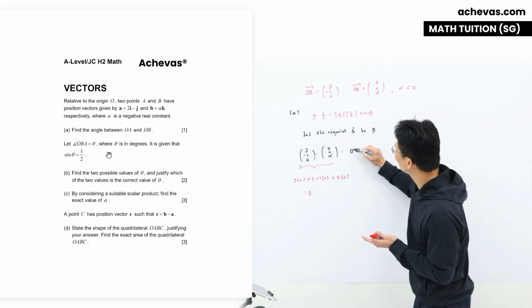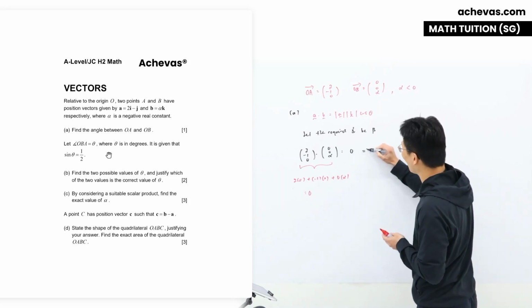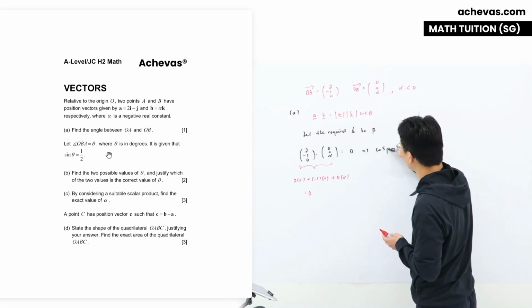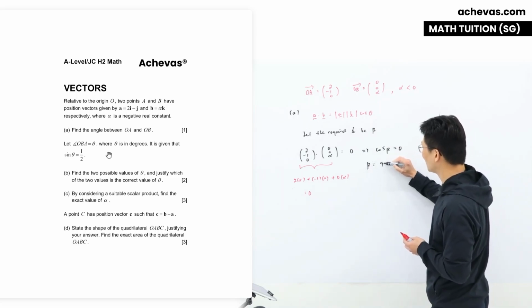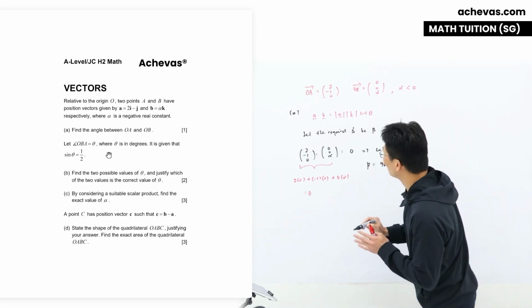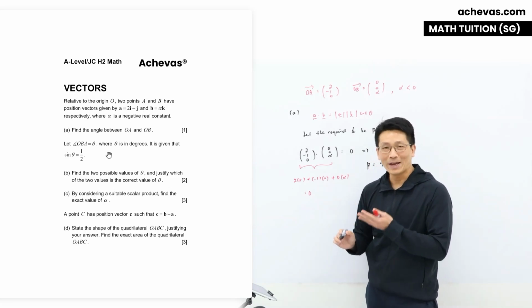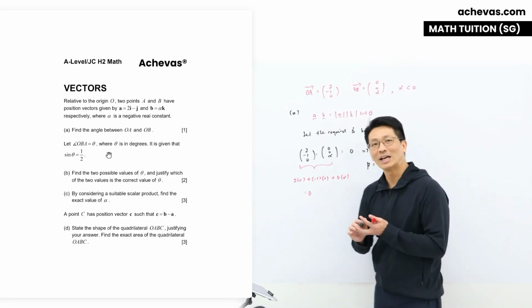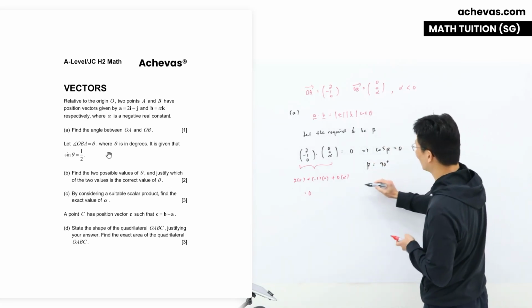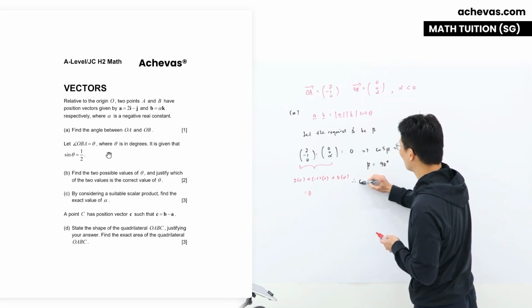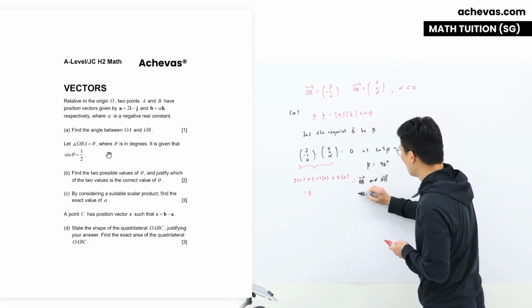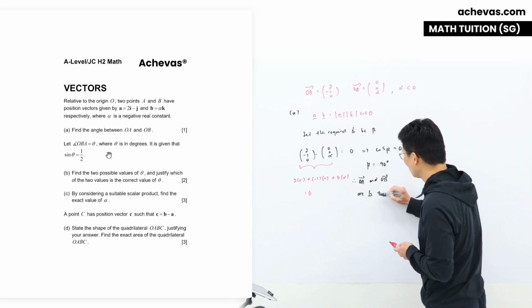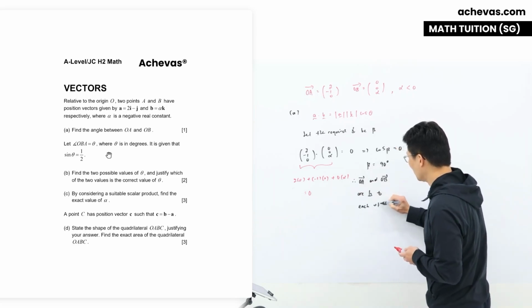So this gives us 0. This implies that cosine beta will also be 0, and solving, beta will just be 90 degrees. This basically means that OA and OB are perpendicular to each other. Therefore, OA and OB are perpendicular to each other.